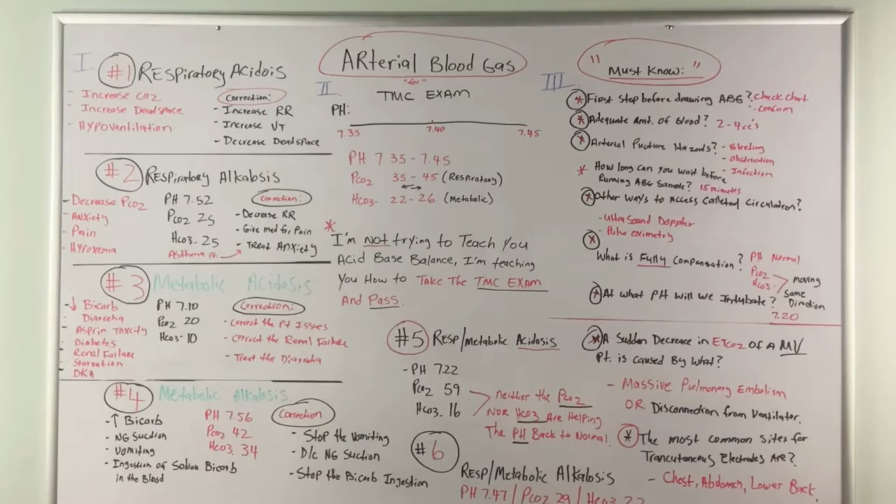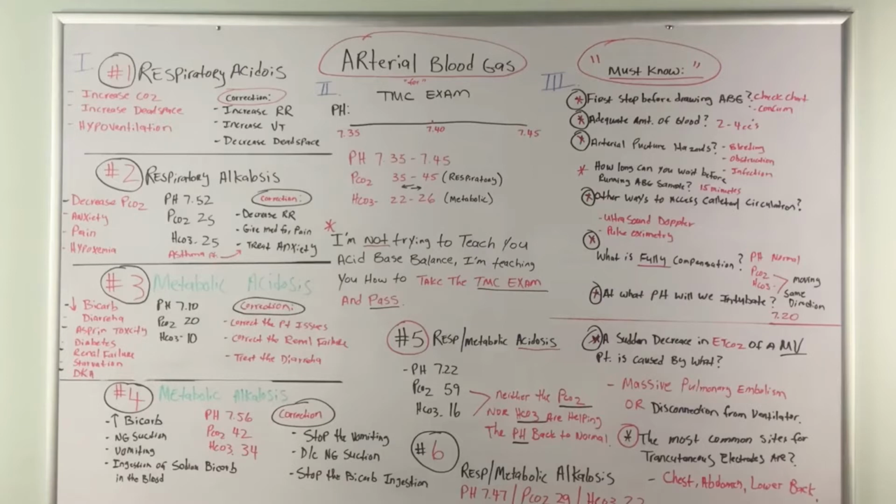The blood gas in the center of this screen would represent a metabolic acidosis: a pH of 7.10, a PCO2 of 20, and a bicarb of 10. Can't you see how that's metabolic acidosis? To correct metabolic acidosis, you have to correct the patient issue. If you look on the left, they have a lot of issues. You have to correct the renal failure, and then you have to treat the diarrhea.